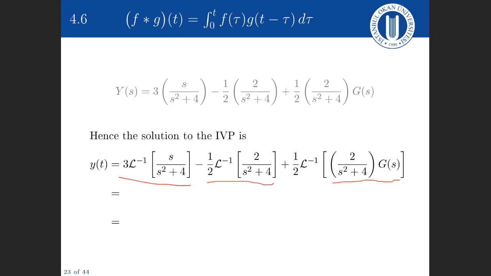But in the third term, we have two functions multiplied together. So we're going to use convolutions. In the final term, we have sine 2t convoluted with small g of t.